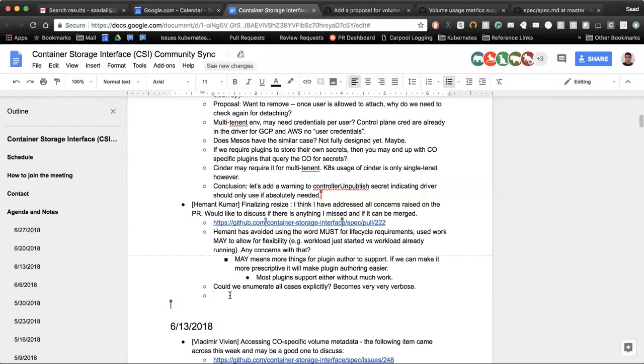No, it's the second case. You can do both, but this was designed for, let's say you're running MySQL and you have a workload running with a MySQL pod and you're growing out of disk space, then you could do online resize, call node expand volume, and the new disk space is immediately available to the MySQL database. That is what the online resizing talks about.